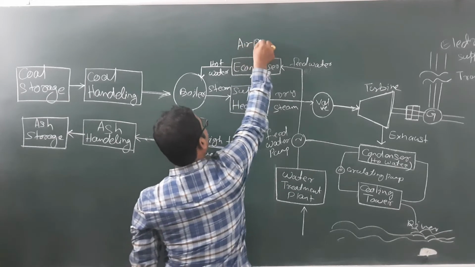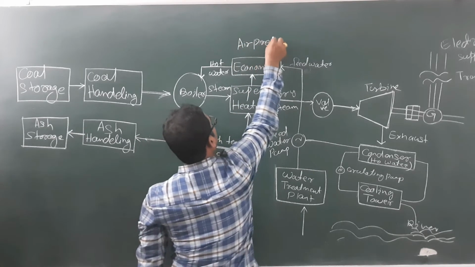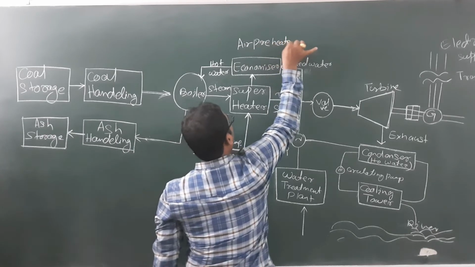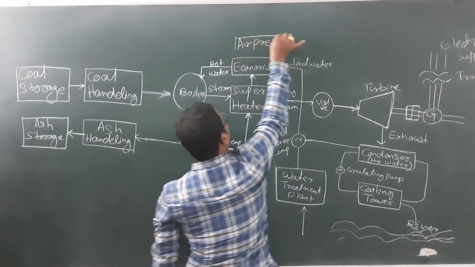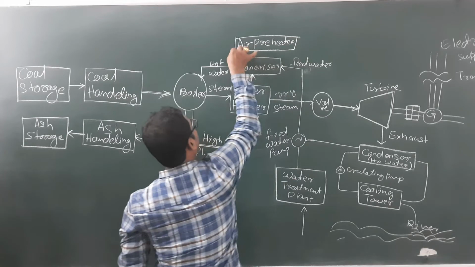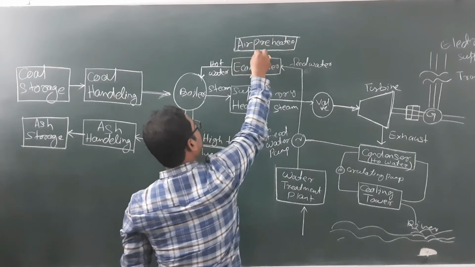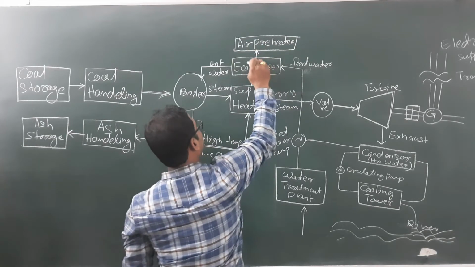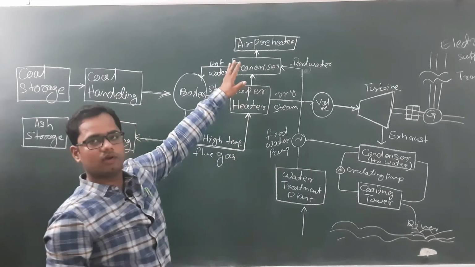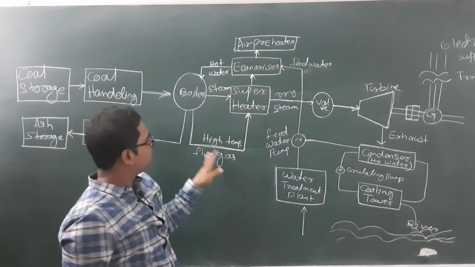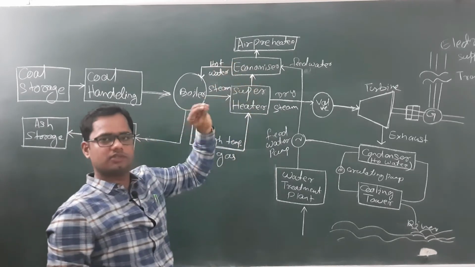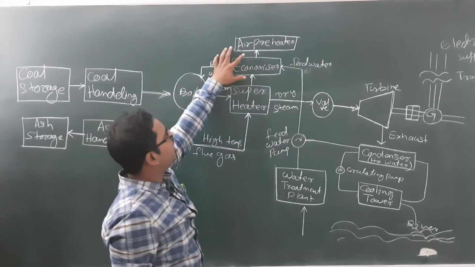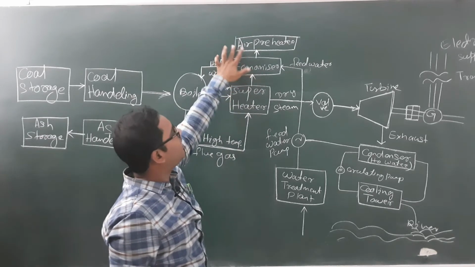Air preheater. So what is the function of the air preheater? After your economizer, the flue gas temperature is still there, somehow. Why is air required?